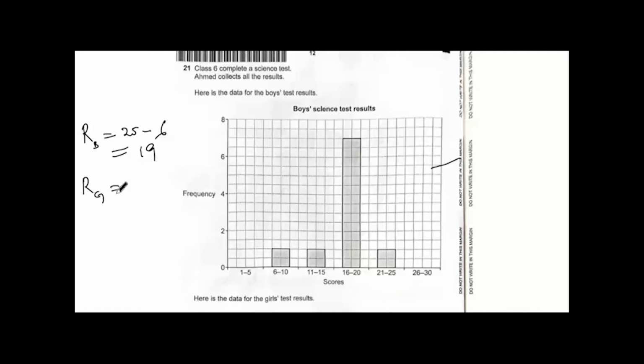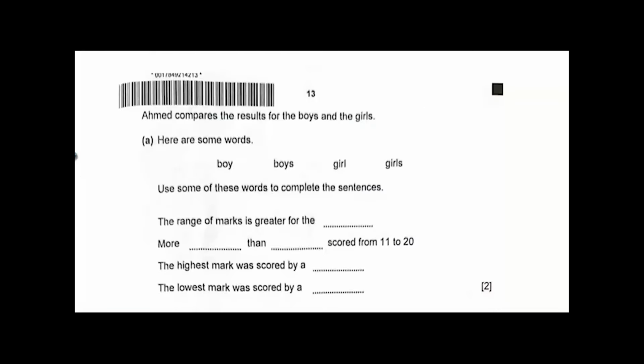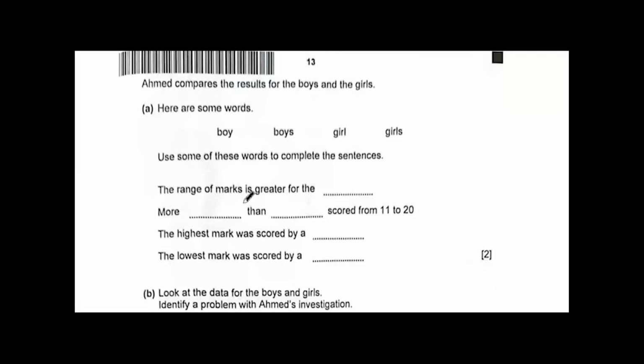The range for the girls, let's scroll down, will be 30 minus 1, and that will be 29. So we can go back to the next page. The range of marks is greater for the girls.